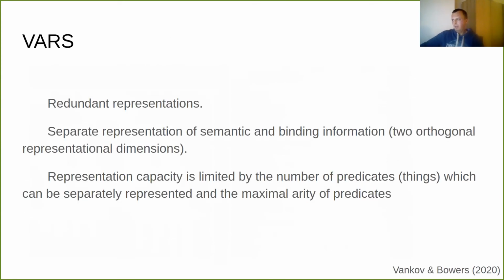Now I'm going to present my idea about how binding is implemented in connectionist terms. It's an idea I developed together with Jeff Bowers, and I'm still working on it. There are several main assumptions of the vector approach to representing symbols.